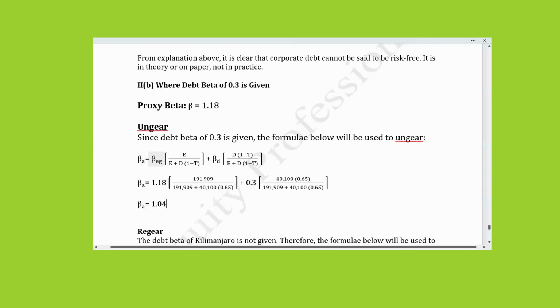Yes, plus, what do you have there? 0.65 multiplied by 4,100 divided by 40,100, multiplied by 0.3. What do you have?